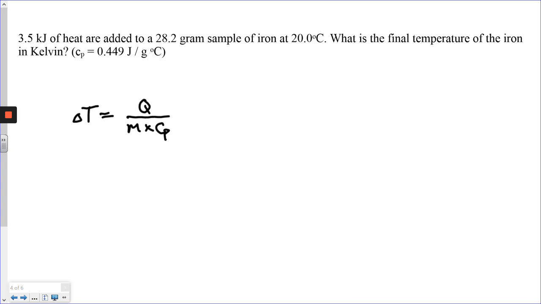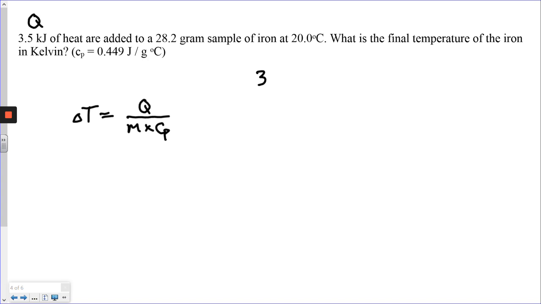So let's go ahead and start plugging numbers into our formula. First, we see that we have 3.5 kilojoules of heat. Now remember, heat energy is Q. But this is given to us in kilojoules, and we need joules to be able to use it in our formula. So 3.5 kilojoules, remember kilo means 1,000, is the same as 3.5 thousand joules.